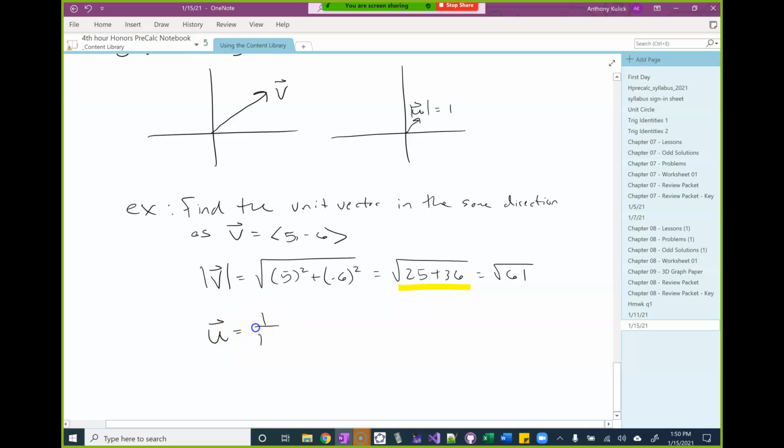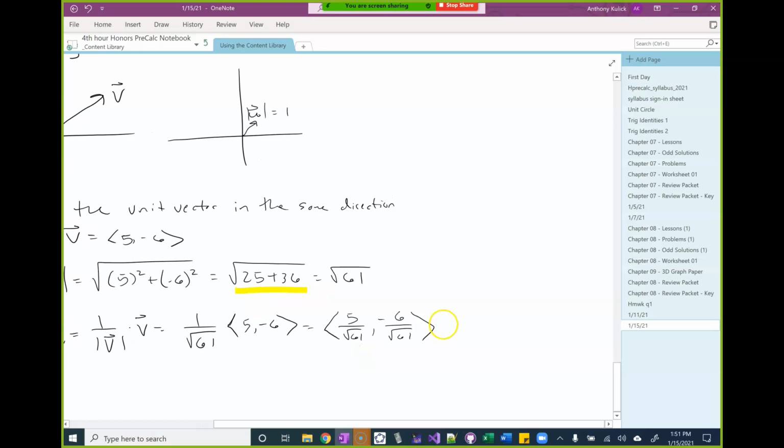So u is 1 over the square root of 61 times the vector 5, -6, which just becomes 5 over the square root of 61, comma, -6 over the square root of 61.